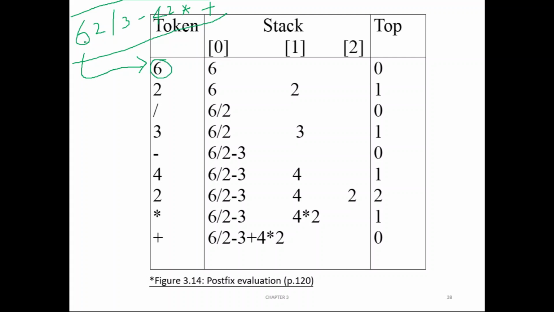If it is an operand, just push it into the stack. It is an operand, not an operator, so push it to the stack. Initially the stack is empty, so this 6 goes to the 0th location of the stack. Now the top pointer is pointing to the 0th location. Take the next token, 2. Check what it is.